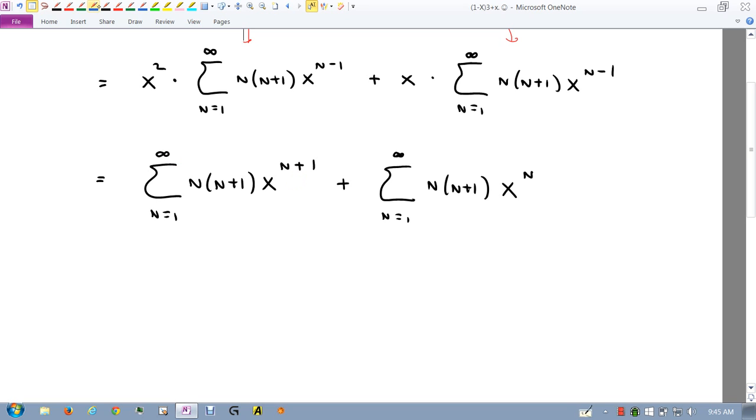So I'm going to make a replacement. Everywhere I see an n, I'm going to replace it with n minus 1. I'm going to do that in the entire summation. And let's see what we get.